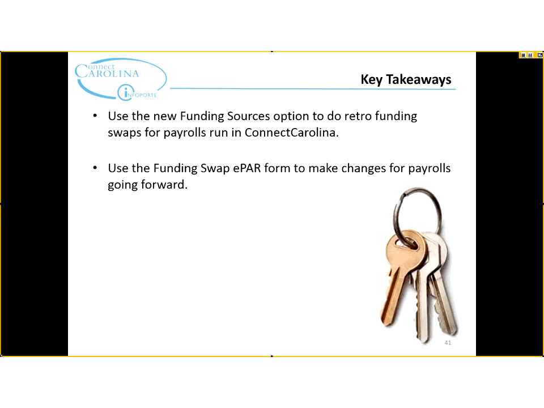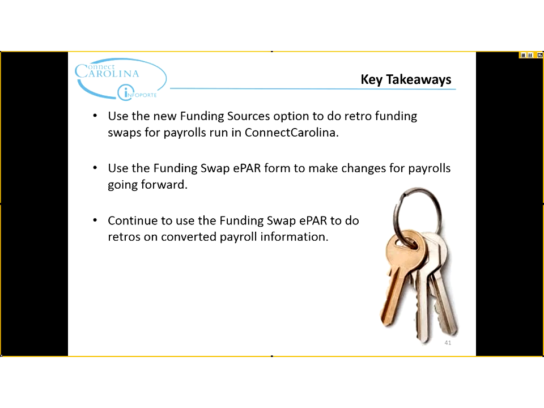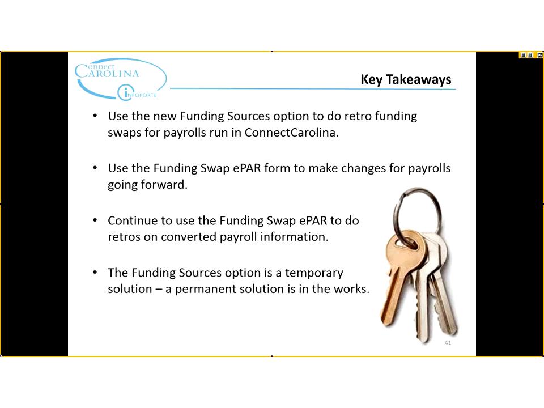Again, we're sitting here March 19th or 20th, whatever the date is, I think it's the 20th, and you need to pay a faculty member right now, you need to change his funding effective March 1st. You can still do that in the ePAR form because we have not run payroll yet. But pay attention to those payroll lockout dates. You're going to continue to do the Funding Swap ePAR form for retros on converted payroll. So anything July, August, September, you will use the Funding Swap to do retros on that.